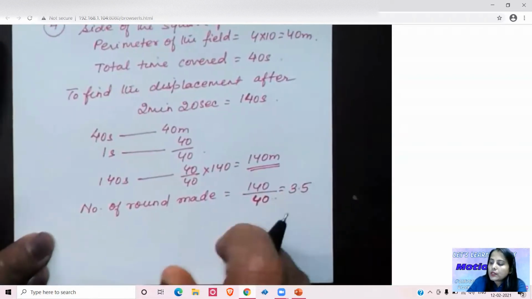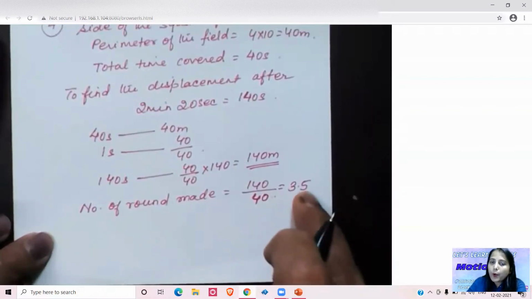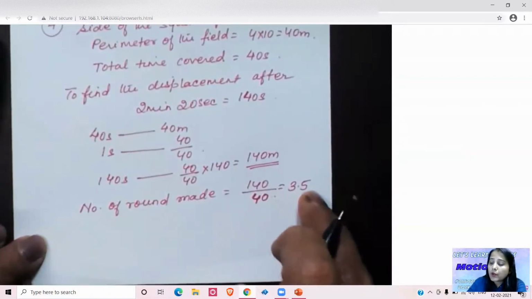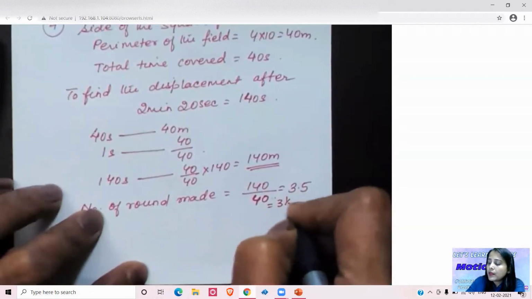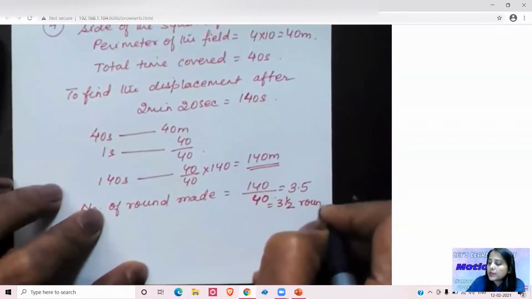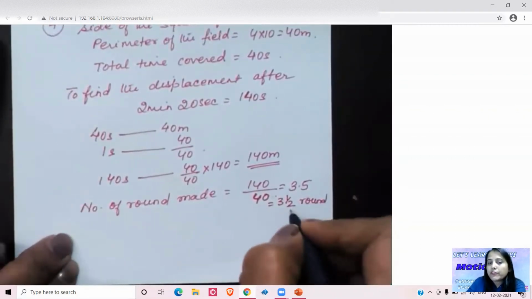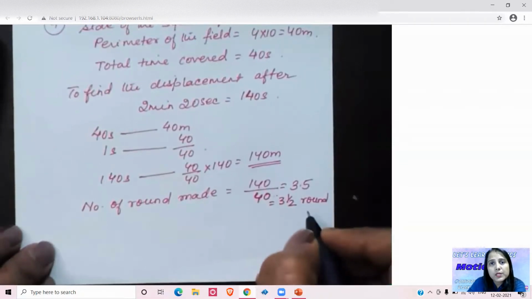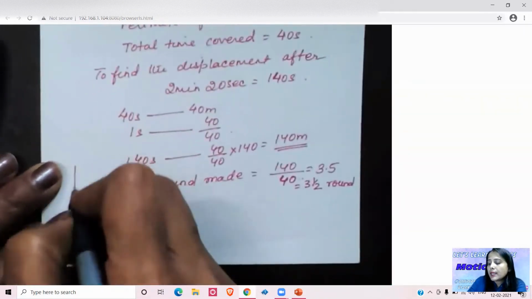So in total 3 rounds, there won't be any displacement. Only in the 0.5 round, means half of the rounds, 3.5 rounds. That means for 3 total rounds, there will be no displacement. Only for this half round, there will be displacement.